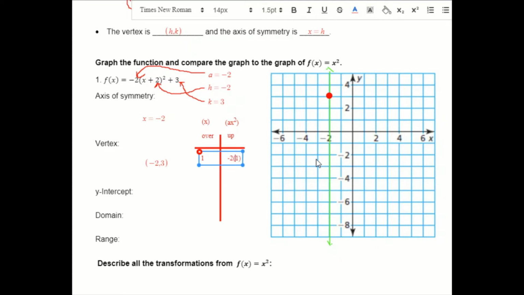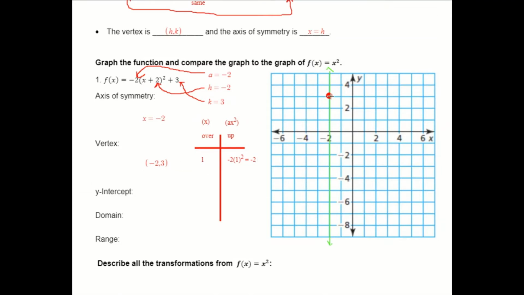My bad. -2 times 1 squared, which would be -2. So in other words, if I start at the vertex and I move over 1, I need to go down 2 and plot that point on either side of the axis of symmetry.